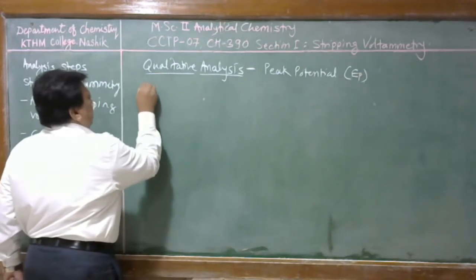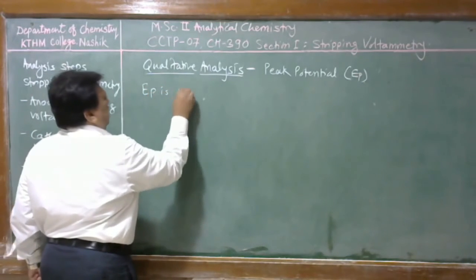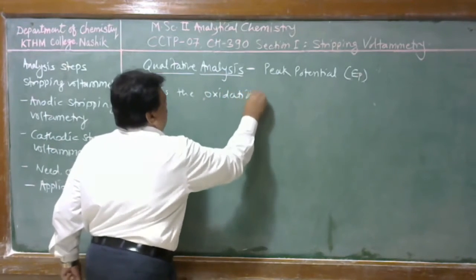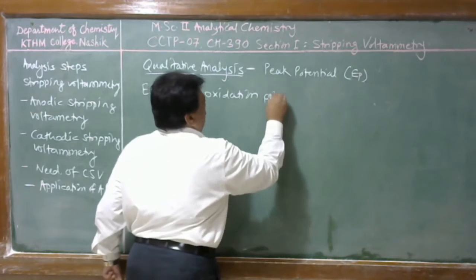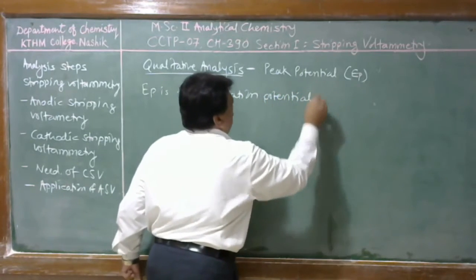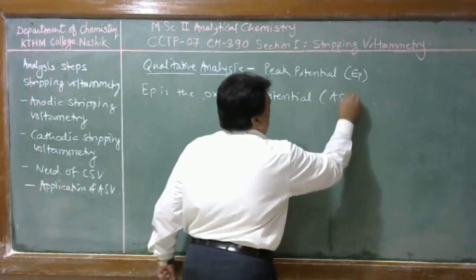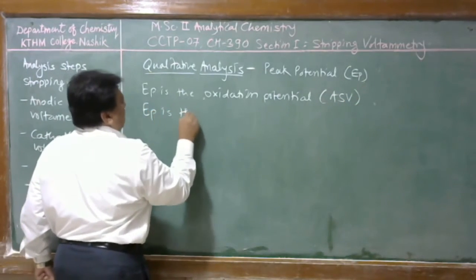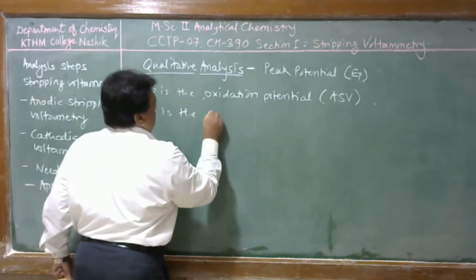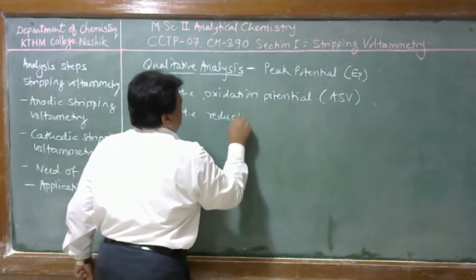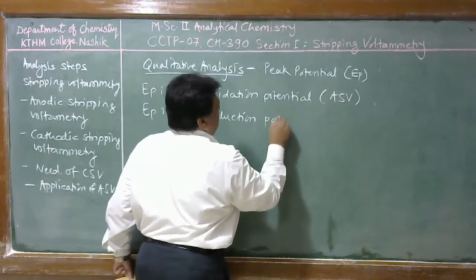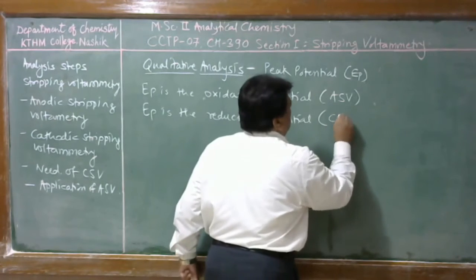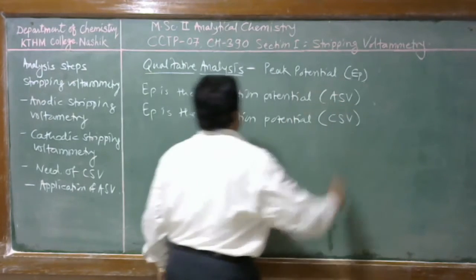Peak potential is the oxidation potential when we are dealing with anodic stripping voltammetry, or peak potential is the reduction potential of the analyte when we are performing cathodic stripping voltammetry.